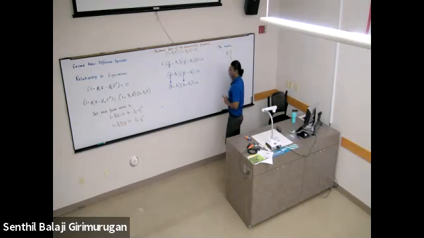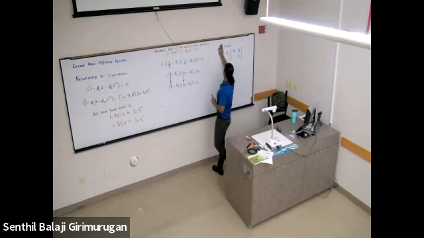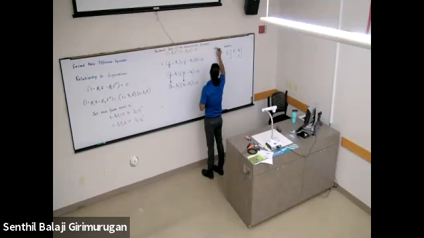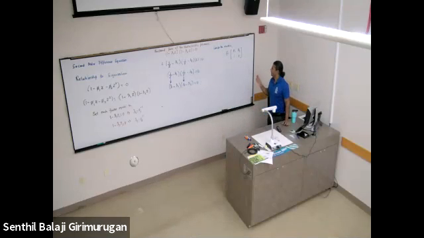The book uses F. So we want to consider the matrix F. F is simply phi 1, phi 2, 1, 0.